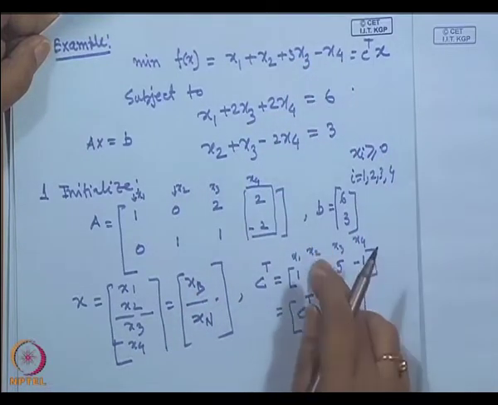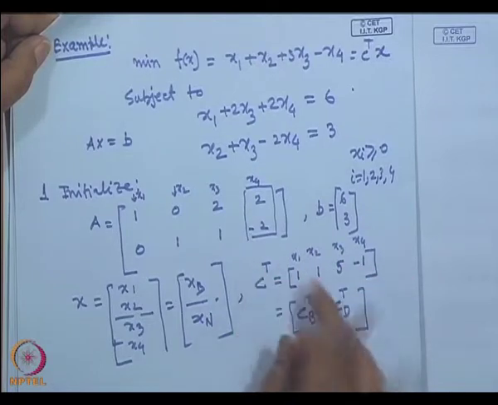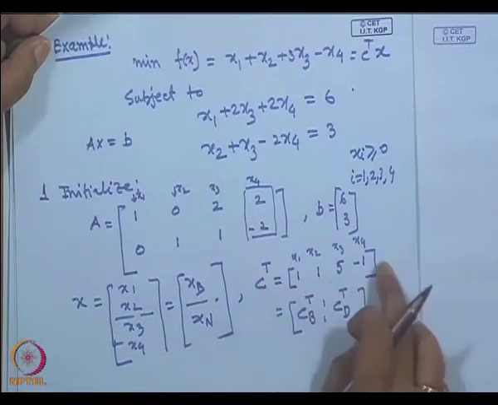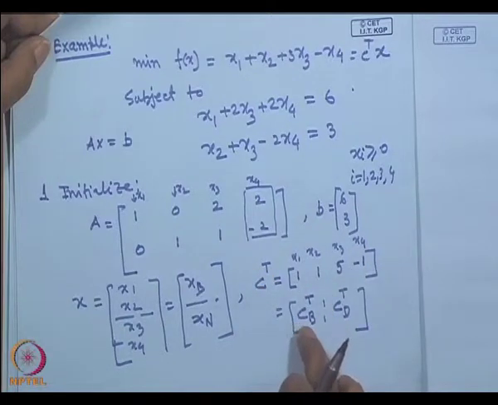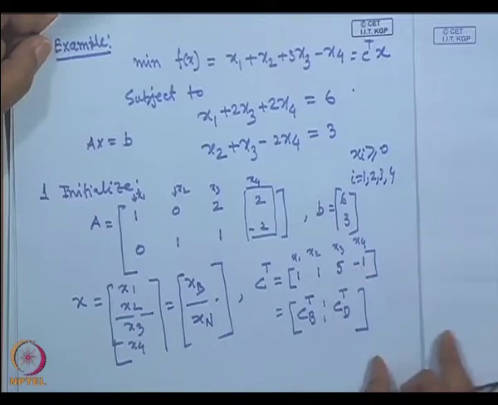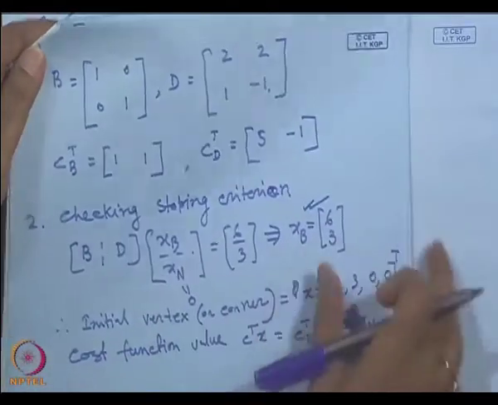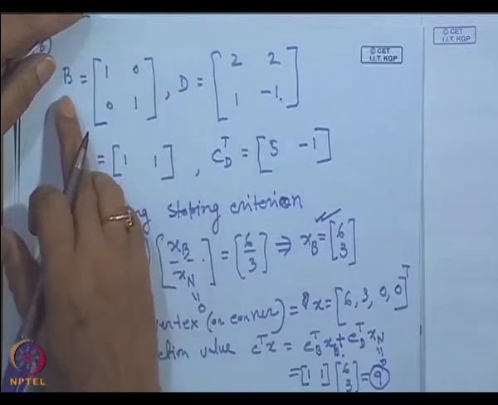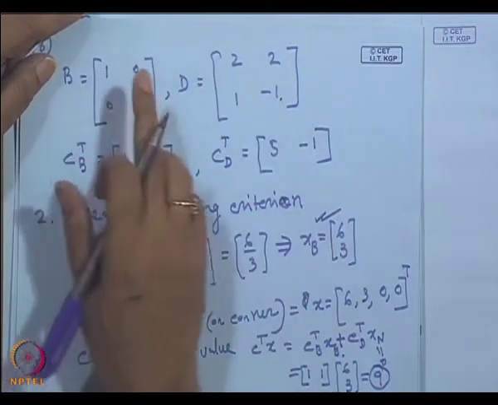And then we partition this c transpose matrix into two parts. The variables x1, x2, which are basic variables, are associated with the part of c transpose that we denote by c_B transpose, and c_D transpose is associated with the non-basic variables. With this we immediately identify the B and D matrices formed from the A matrix.